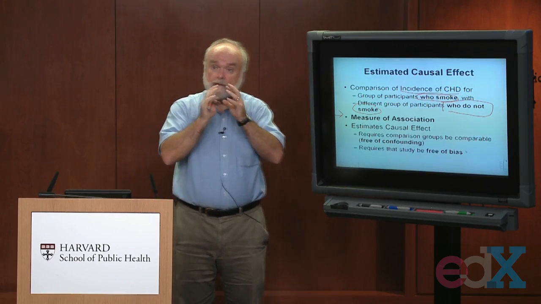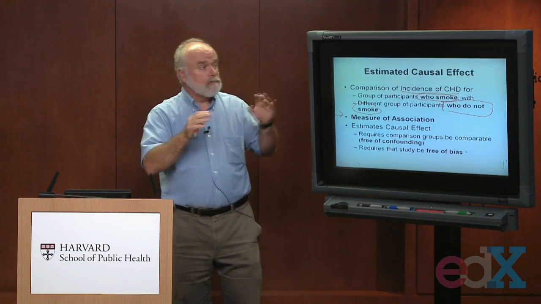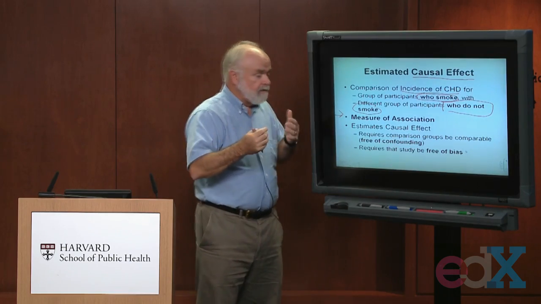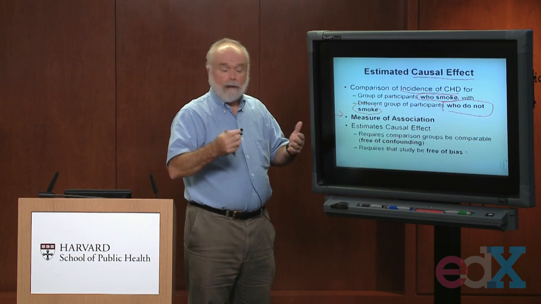Now, the big million-dollar question is whether that measure of association that I can calculate in data like you have in your Framingham data set really reflects the true causal effect of smoking on incidence of developing heart disease. And to argue that the measure of association really reflects causality requires that we as epidemiologists convince ourselves and others that we don't have problems.